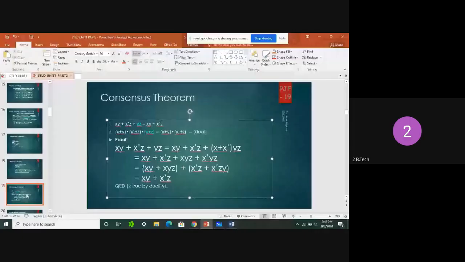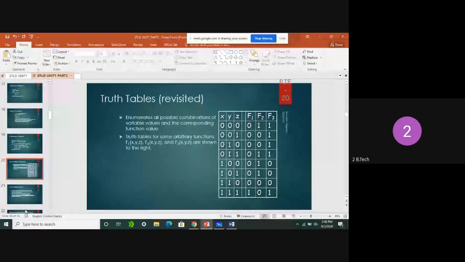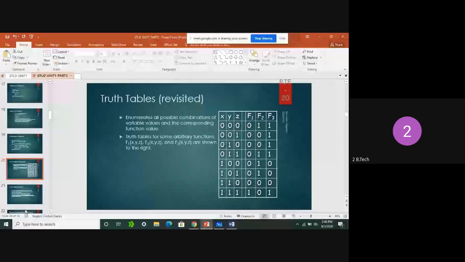See here, the truth table. Clear, all of you? Everyone observe clearly. How many input variables are we using here? See, x, y, z are 3 variables, and the associated outputs are F1, F2, F3.